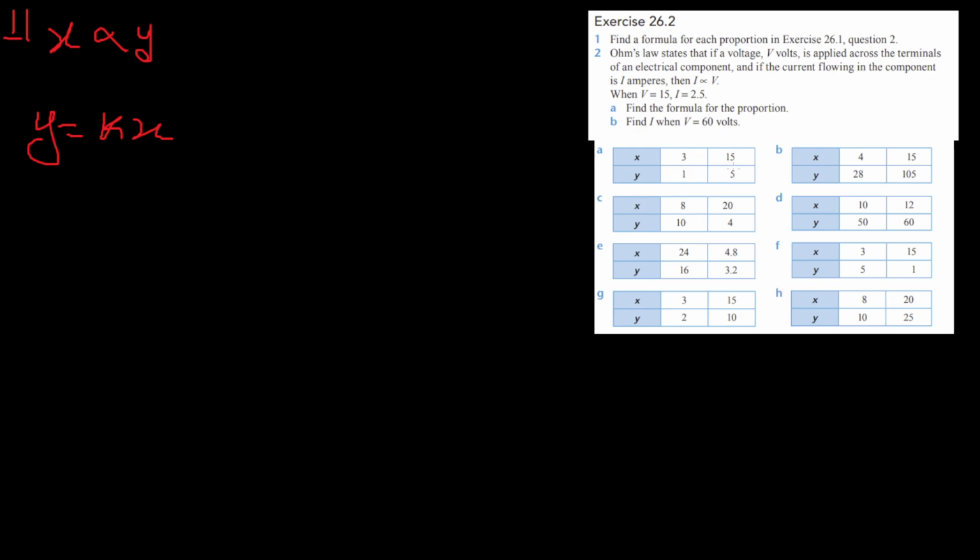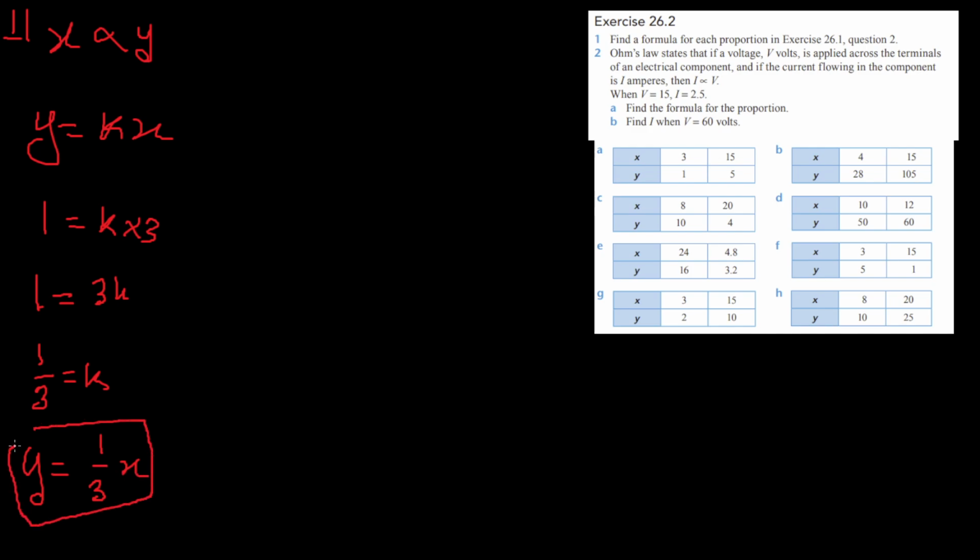Let's just choose the smaller one because it's easier. Let's write 1 equals k times 3. So we get 1 equals 3k, and 1 by 3 equals k. So we can write y equals 1 by 3 x. This is our formula.